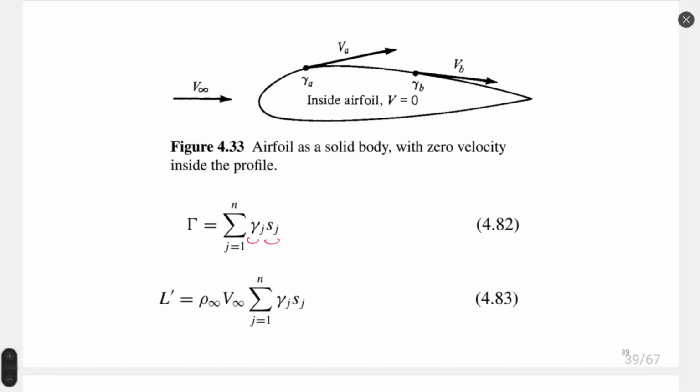Once we do this summation, we obtain gamma circulation over the airfoil, and then using the Kutta-Zhukovsky theorem, equation 83, we will obtain our lift over the airfoil numerically.